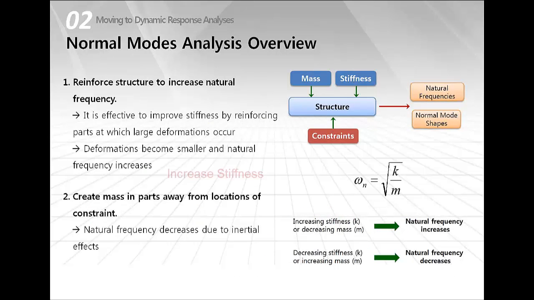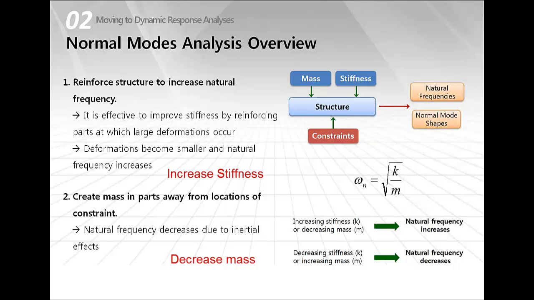Okay, to increase natural frequency, you have to increase the stiffness of your structure or system. We can reinforce parts at which large deformation occurs, and we can also try to decrease the mass. This could be more difficult.